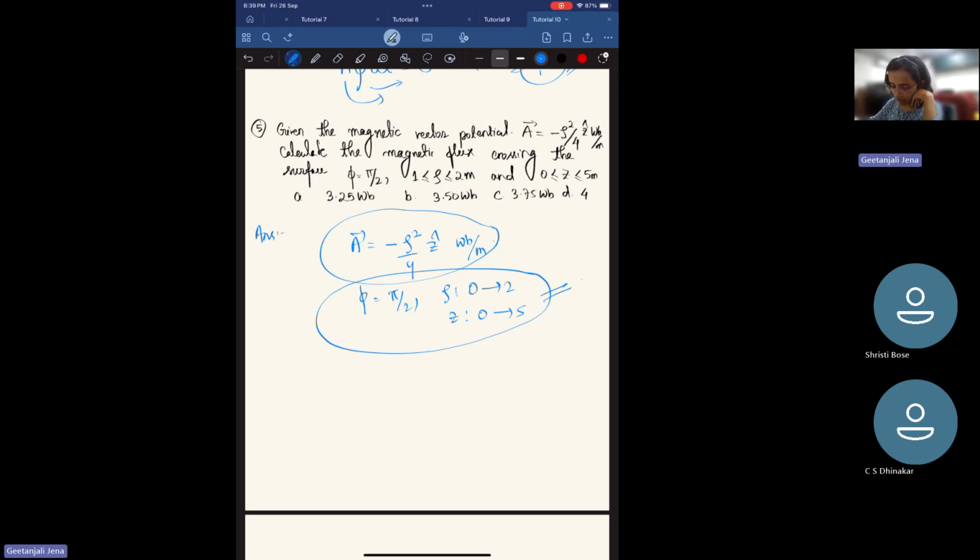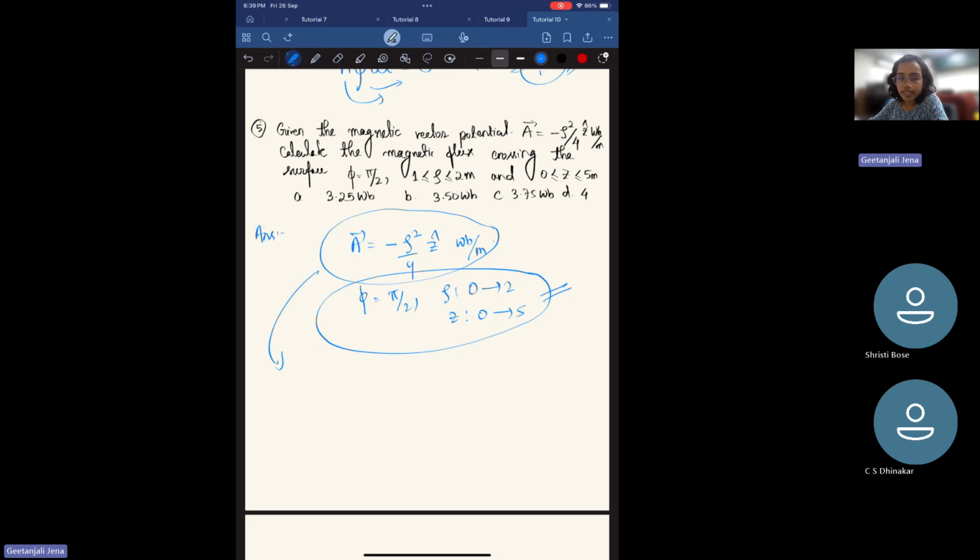You need to calculate the magnetic flux, that is the integral of B dot dS.